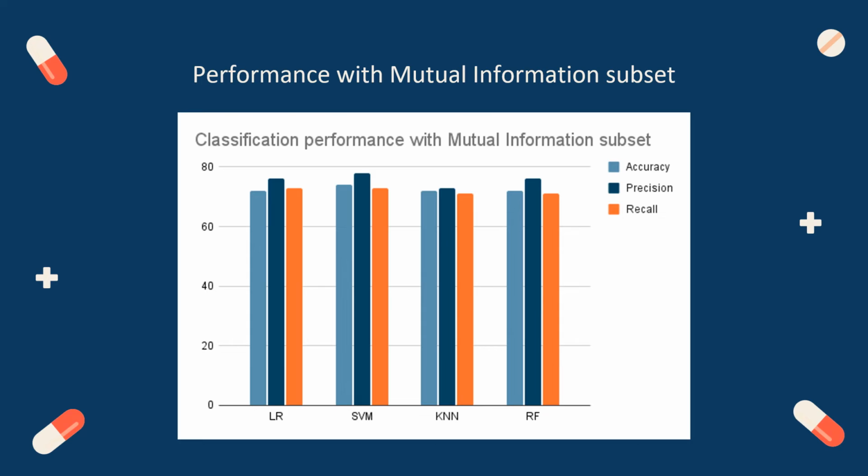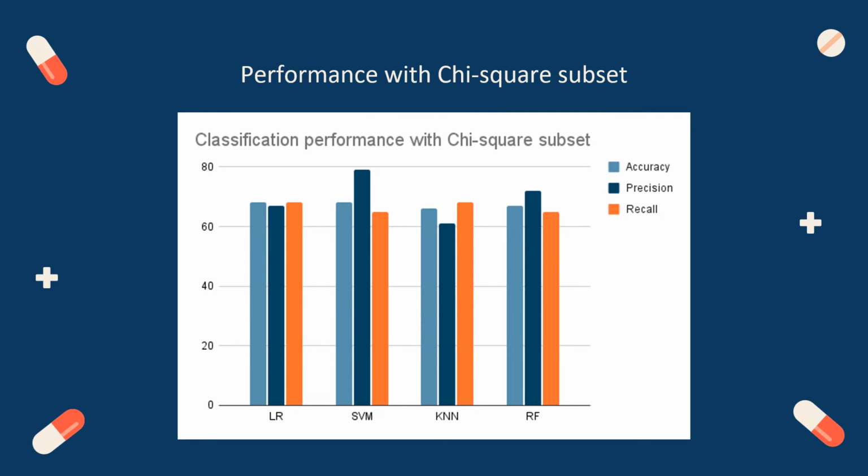However, the SVM still outperforms the other models in terms of accuracy and precision. And now, finally, the classification results with the chi-squared subset. We notice that the chi-squared models were outperformed by the models using the original full feature dataset and the mutual information subset.